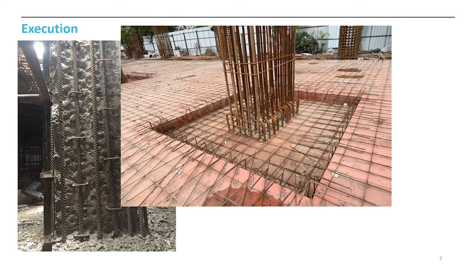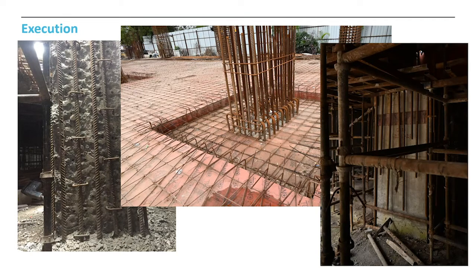The bottom side of the same column looks something like this, where the bar from the upper side was still hanging, and during the strengthening they will chip this column off and provide U dowels and get the overall strengthening done as per our provided schedule.